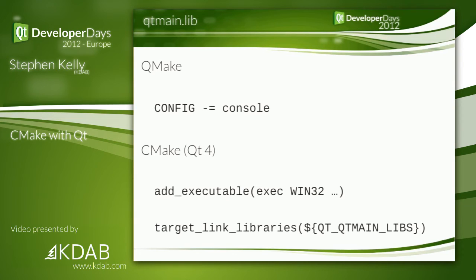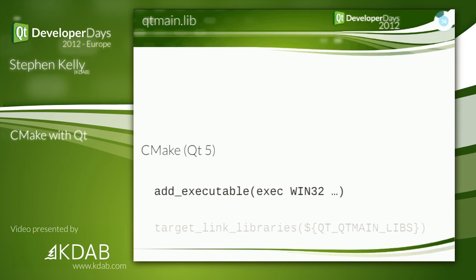If you're using Qt4, you need to use target_link_libraries with this QT_QTMAIN_LIBRARY thing. In Qt5, you no longer need to do that. CMake will automatically link it in if you need it. It knows whether you need it or not, depending on whether you specify this WIN32 property.